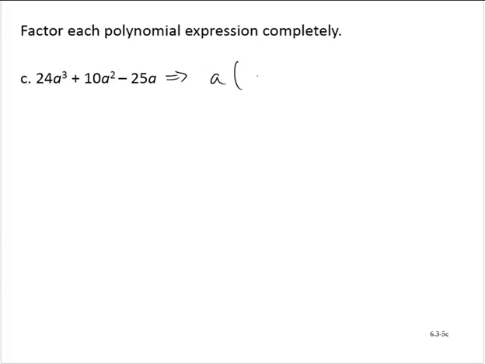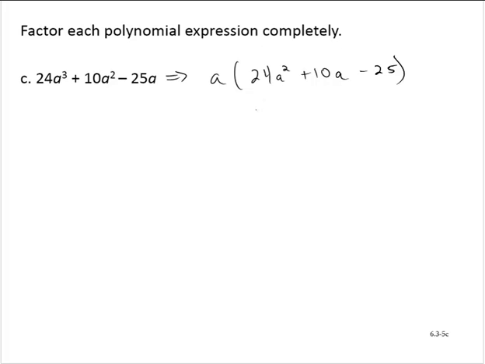So I'd have a by 24a squared plus 10a, I wrote an x, sorry about that, minus 25. All right, so now we see three terms. Think of our trinomial methods. This is not a perfect square trinomial because the 24 is not a perfect square. So we go to the AC method.